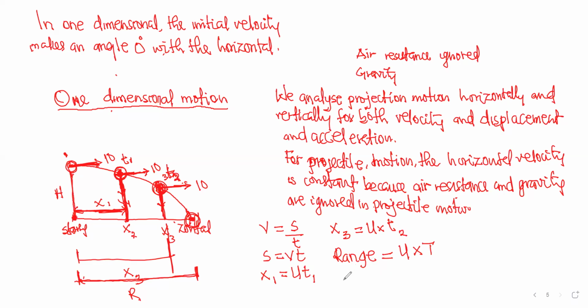So the range R is equal to the constant horizontal velocity times the time of flight, capital T. So this is how to determine the range of a projectile.